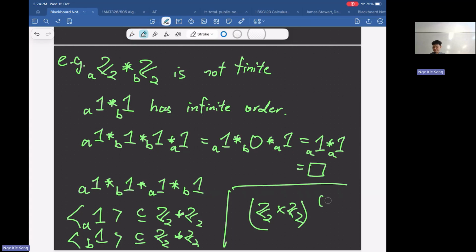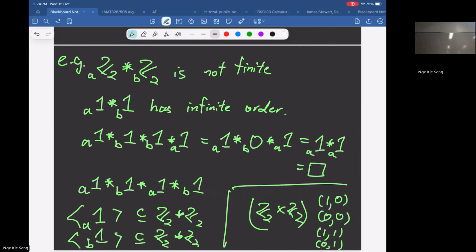So let me put something, is finite. I'm trying to talk about the structure here. So instead of just 1 and 0, you would be getting other combinations here. So you actually consider other combinations instead of just one Z2 sitting inside the free product like that.